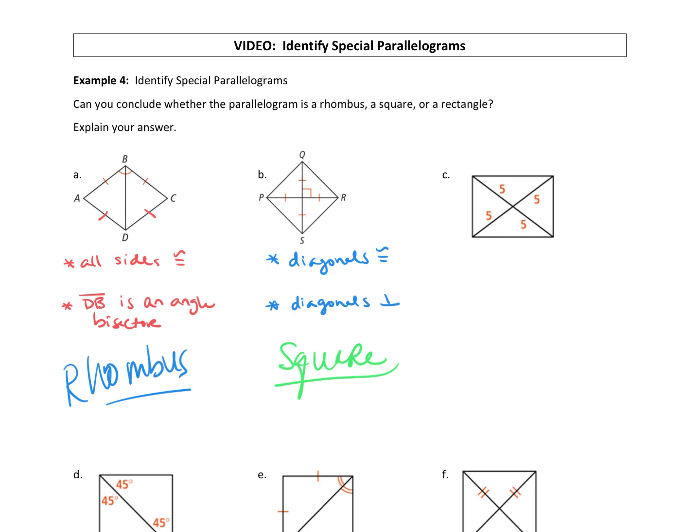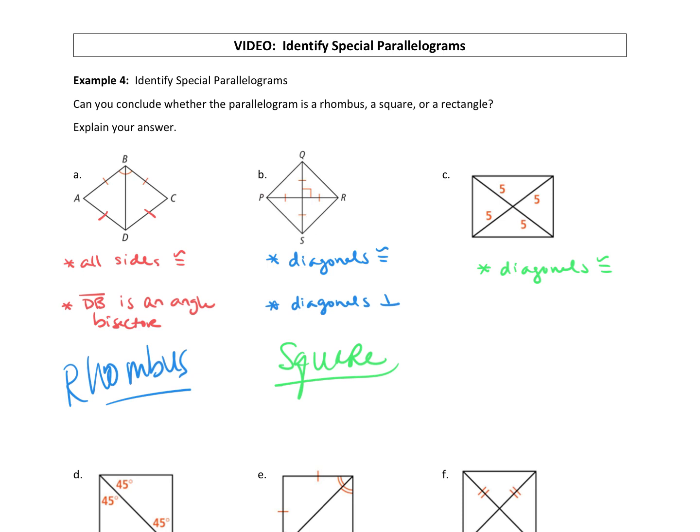All right, part C. What do we know? We know that our diagonals are split into 5 and 5, 5 and 5. One diagonal is 10, the other diagonal is 10. So we know that the diagonals are congruent, and that's all that we know. We don't know anything else to get more specific.